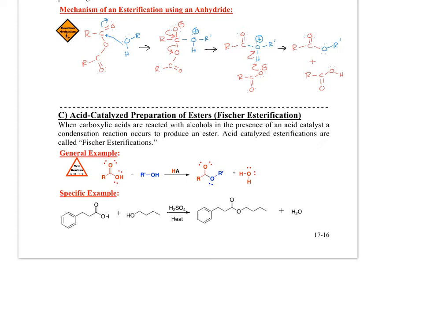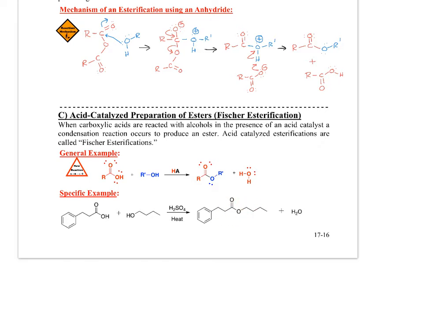This is called a Fischer esterification. So specifically here we've got this carboxylic acid. We're going to treat it with 1-propanol, under heat, and our acid is going to be H2SO4. You don't need much of this, a catalytic amount, and what will happen is we will lose water and we will make our ester as our final product.